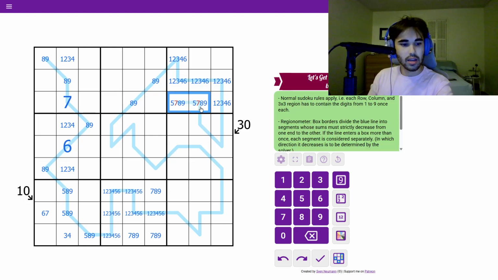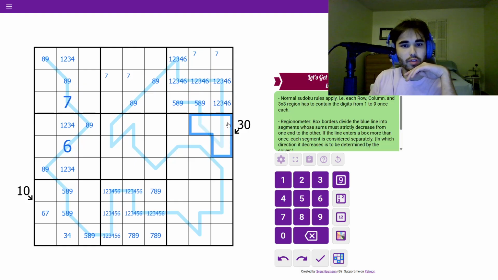So these can't be 7s anymore. 7 is up here. So 7 is for sure in one of those 2 cells. So now this is 13 or 14. Which means this is 14 or 15. So we're getting closer to figuring out what the end of this line is.